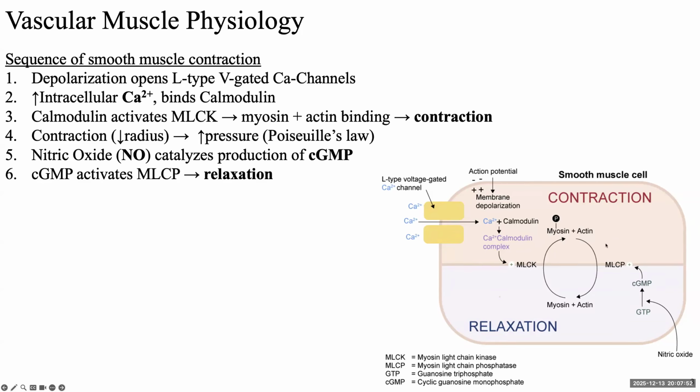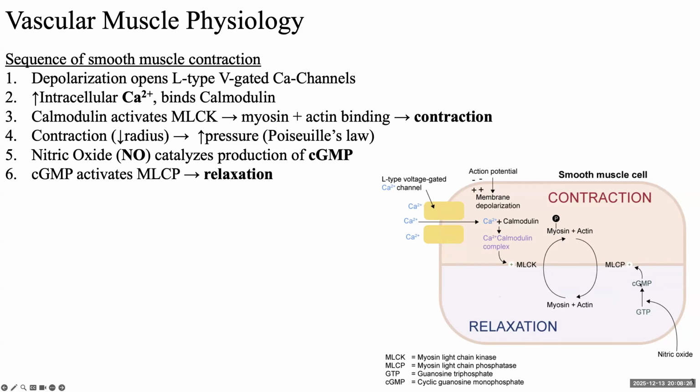All right. Now, when the muscle contracts, it results in a decrease in the radius of the blood vessel, and as a result, we get an increase in the internal pressure. If you remember Poiseuille's law. Now, when we end the smooth muscle contraction and start to relax, we get nitric oxide, and it catalyzes the production of cyclic GMP.